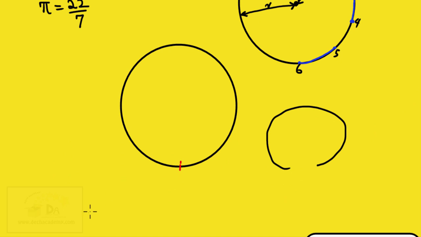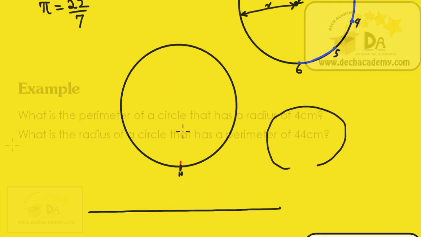Like I mentioned earlier, the distance from here round along the circumference back to the original point is equal to the perimeter of the circle. Now I've cut that same circle and gotten this straight line. Its length has to be equal to the perimeter of the circle, because this straight line can be curved back to give the original circle.